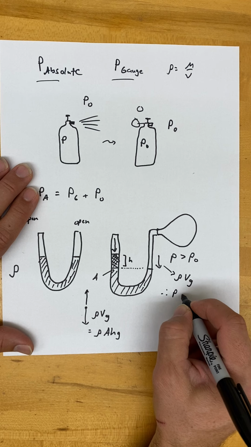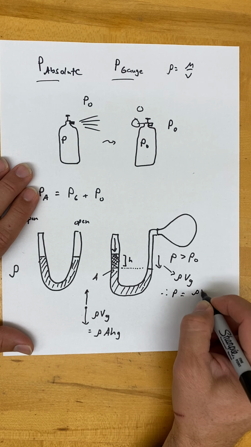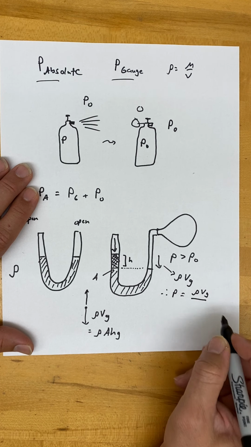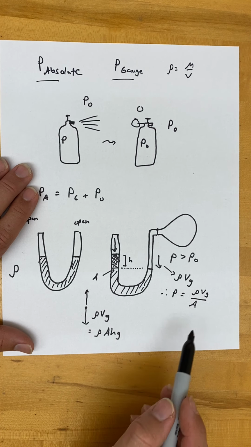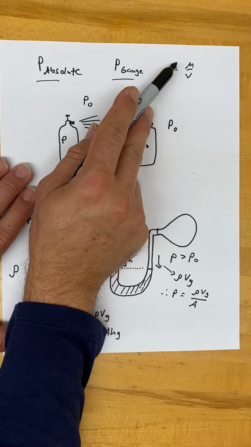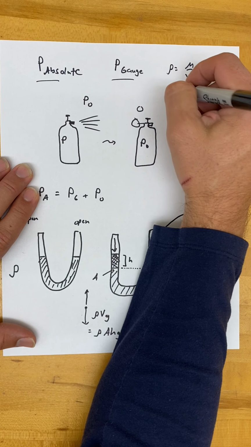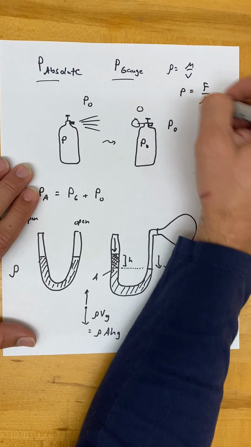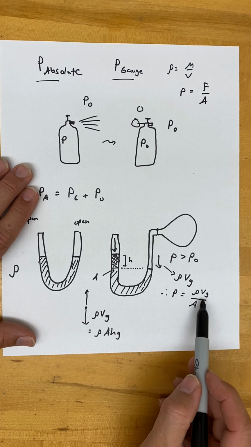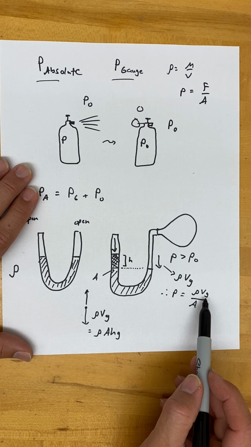That means if I take that force, rho VG, and divide it by the area of that face, I get the pressure, right? Pressure is force per unit area. So rho VG I've determined is the force.